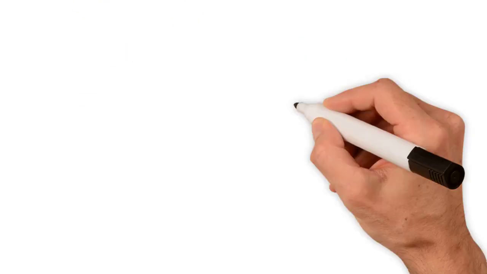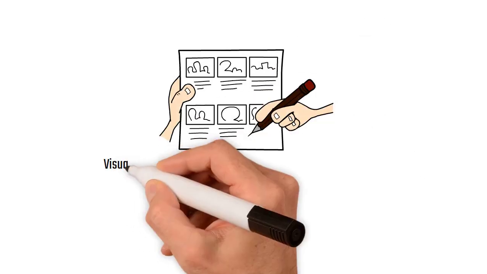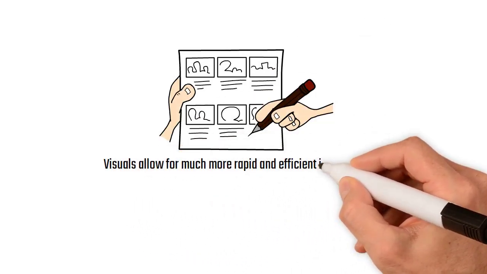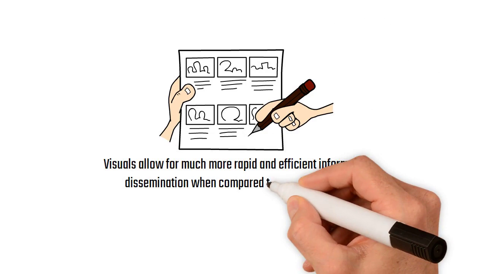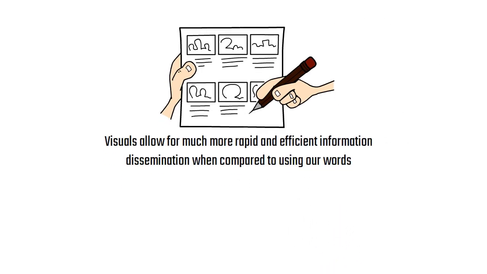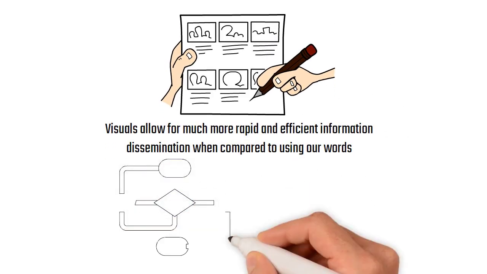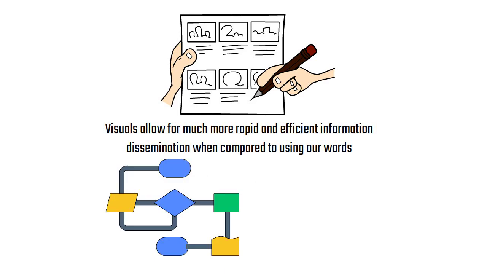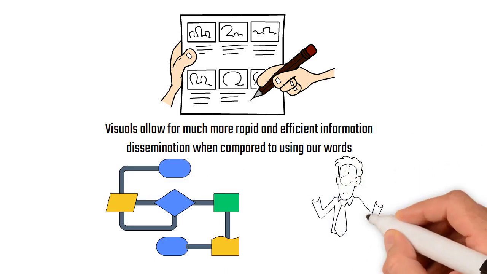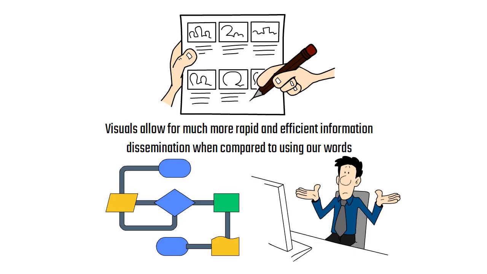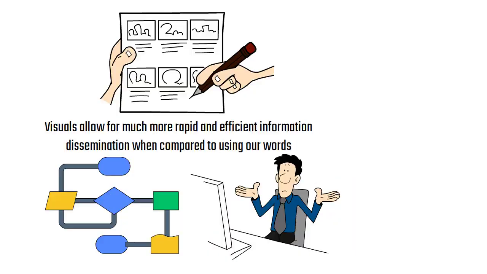So how else? Perhaps you could draw it. Visuals allow for much more rapid and efficient information dissemination when compared to using our words. Perhaps you're drawing a flowchart or a process model, but what symbols do you use? Did you create a key or a legend to help your viewer understand your drawing?